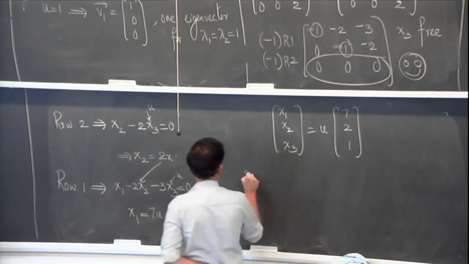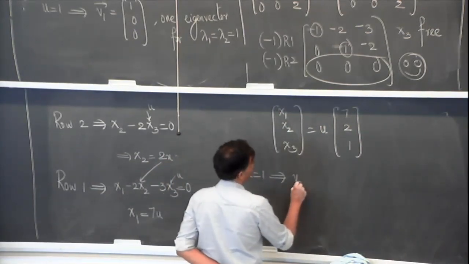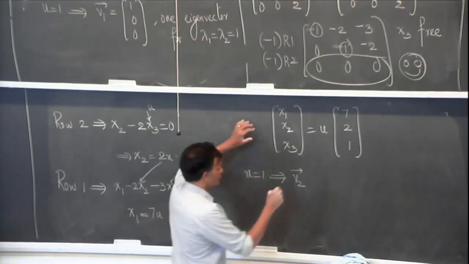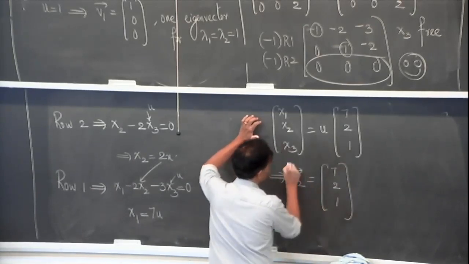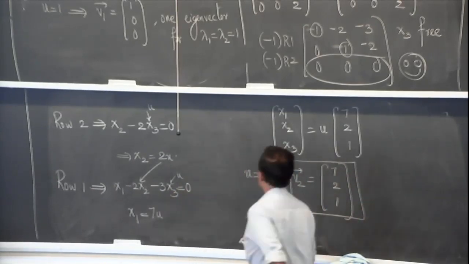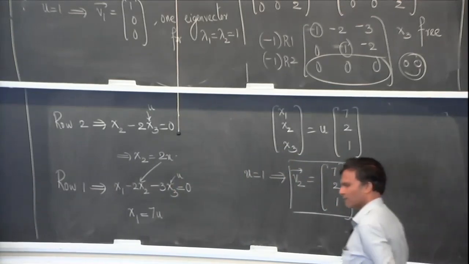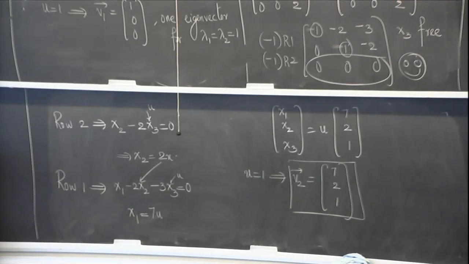So u equal to 1 will give you v2, which is the only other eigenvector we can get here, which is 7, 2, 1. So that is the calculation part of eigenvalues, which just has this very repetitive nature. No matter how big the matrix is, it just has the same pattern.